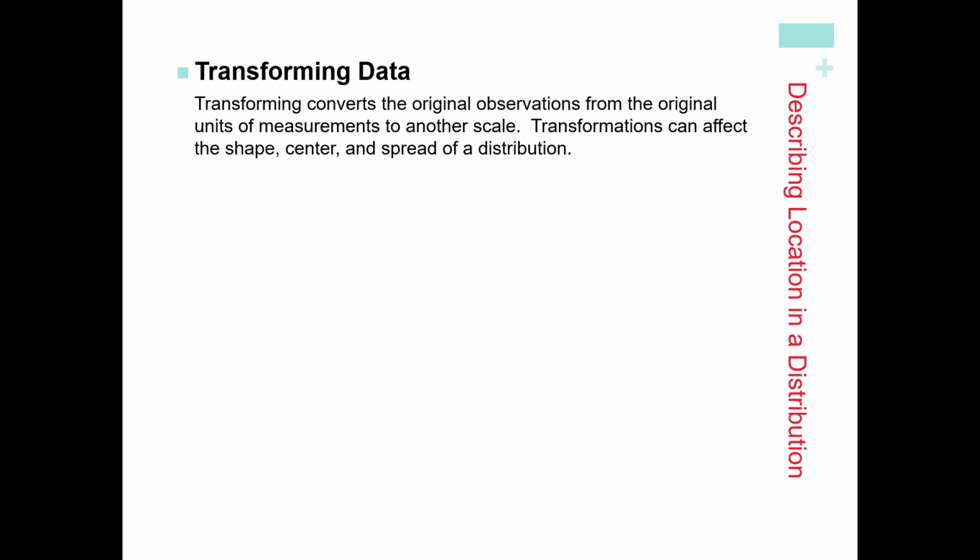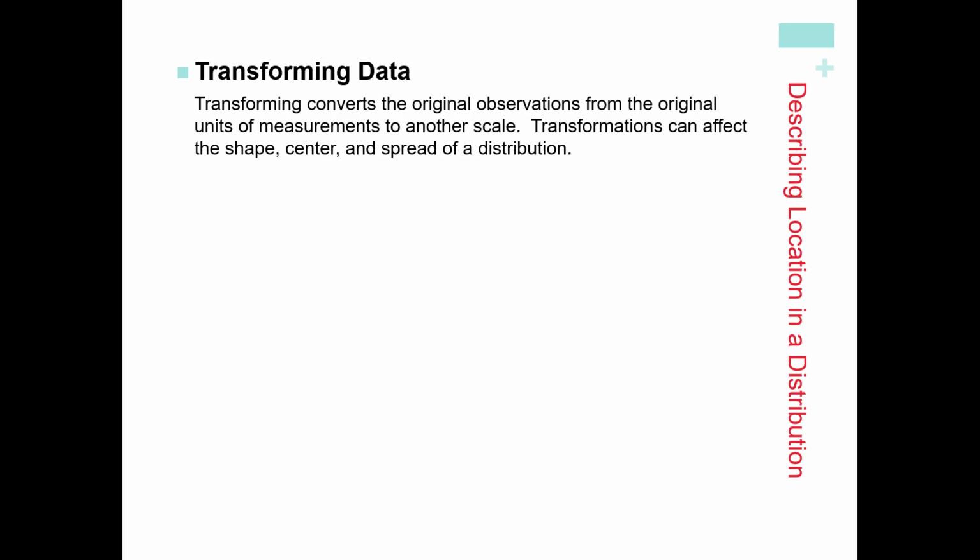we want to talk about converting original observations from whatever the original units of measurement were to another scale. So transformations can affect the shape, center, and spread of a distribution. Some common times where you see transformation of data are, first of all, any time you're converting from unit to unit. For example, if you're converting from inches to centimeters, you necessarily need to do some kind of transformation.